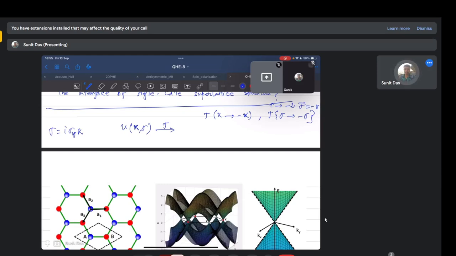We can understand this from the nature of spin. Spin represents some intrinsic angular momentum associated with the electrons. Now angular momentum also changes sign under time reversal, because angular momentum also represents some kind of rotational motion.